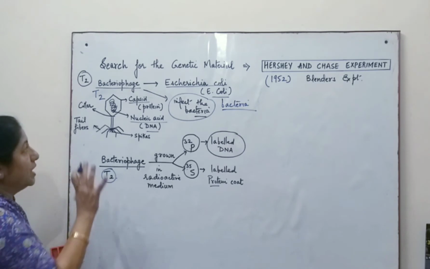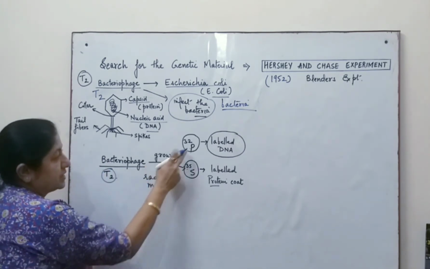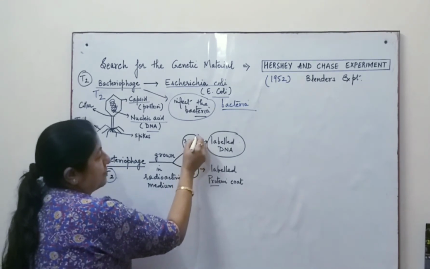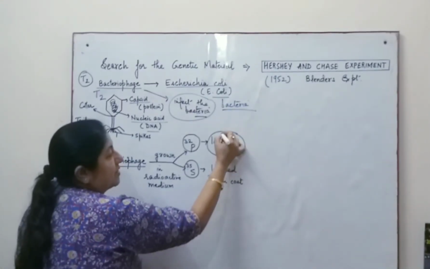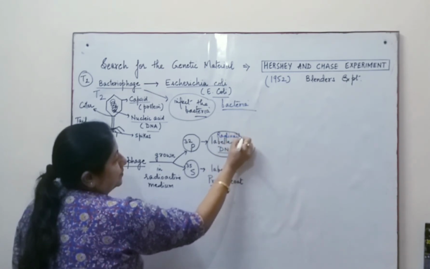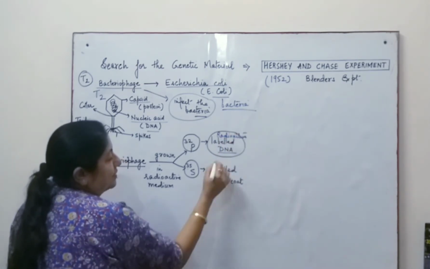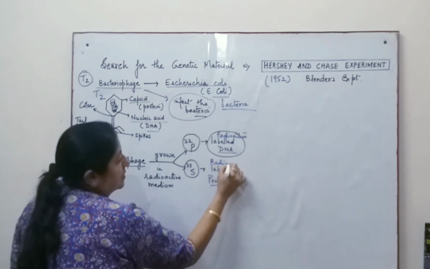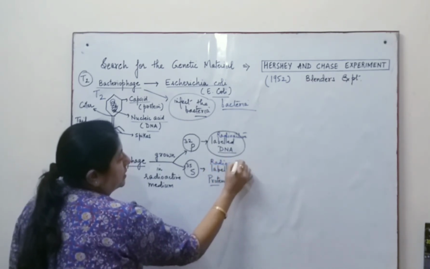So now we had two strains of bacteriophage: one strain had radioactive labeled DNA, and the other had a radioactive labeled protein coat.